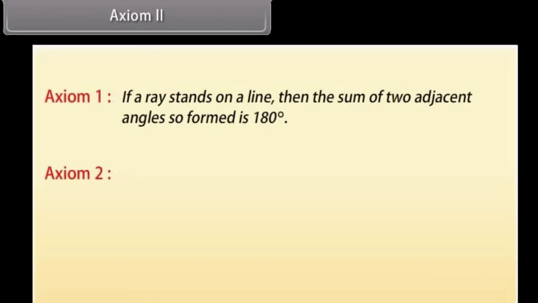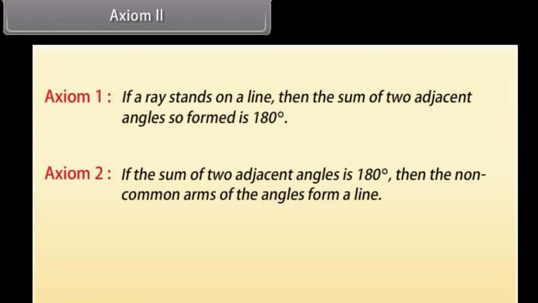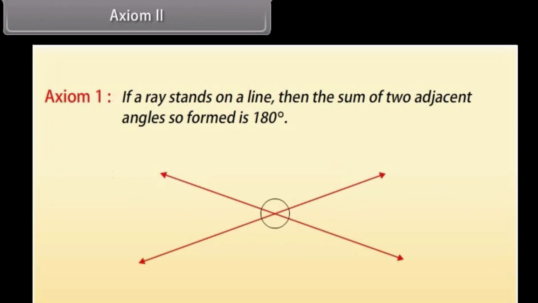We get two axioms now. These two axioms together are called the linear pair axiom. Let us now move to the case when two lines intersect each other. We know that when two lines intersect, the vertically opposite angles are equal. We will prove this result after a small interactivity.